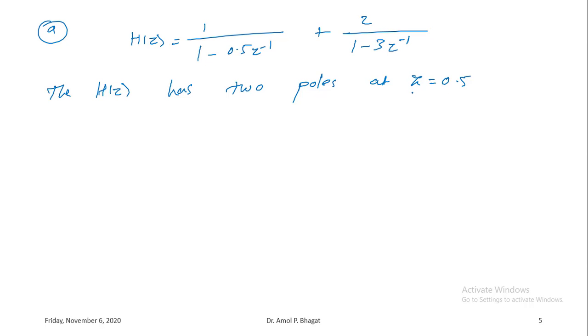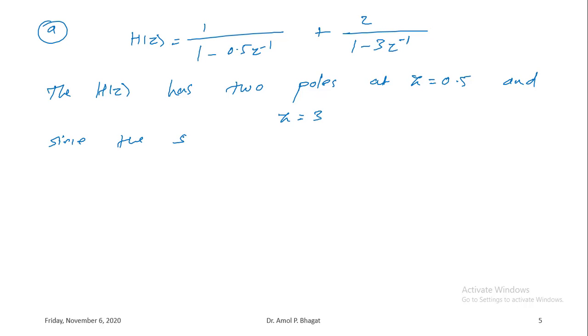The second pole is at Z equal to 3: substituting Z equal to 3, 1 upon 3, the 3 will get cancelled, so 1 minus 1 will be 0, and 2 upon 0 will be infinity. So it has two poles, one at Z equal to 0.5 and the second at Z equal to 3, right?